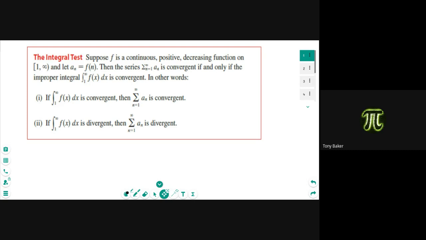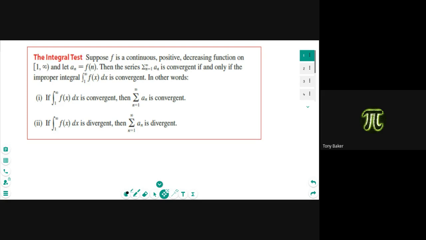So the integral test works because if the actual integral converges, and I'm adding up a bunch of stuff that's underneath it, then whatever is underneath it also has to converge. If the integral diverges, if it goes off to infinity, and if I add up all the stuff underneath it, it's also going to diverge.